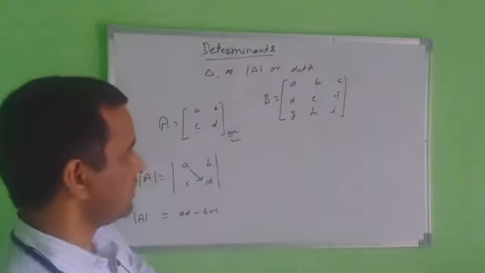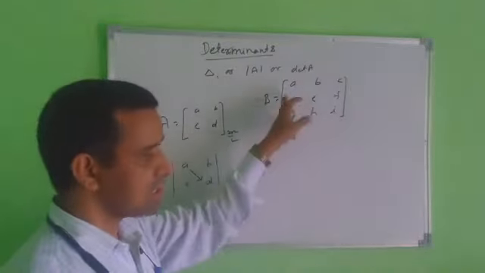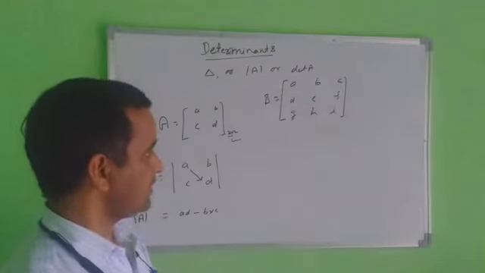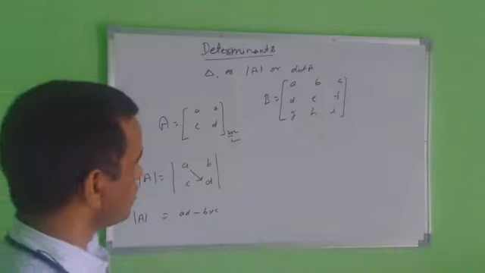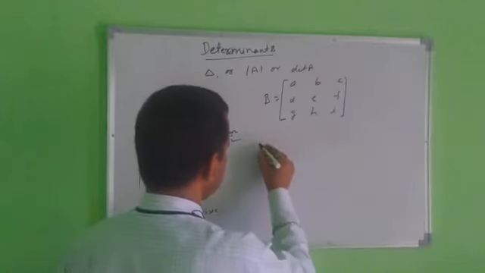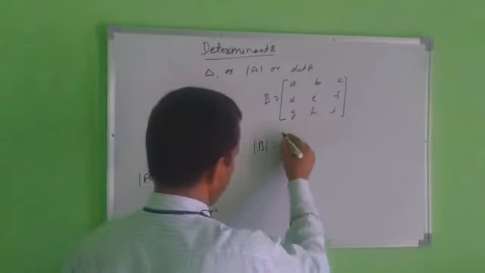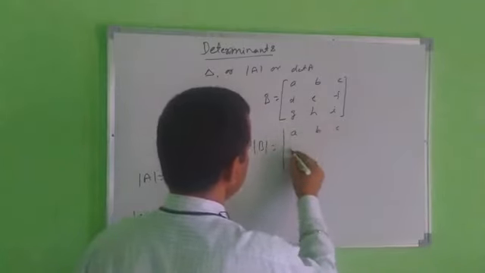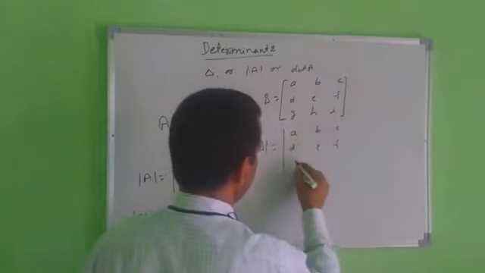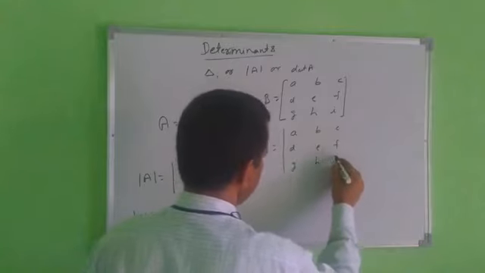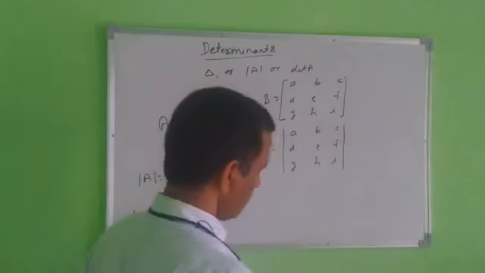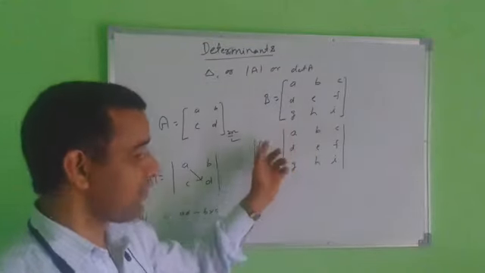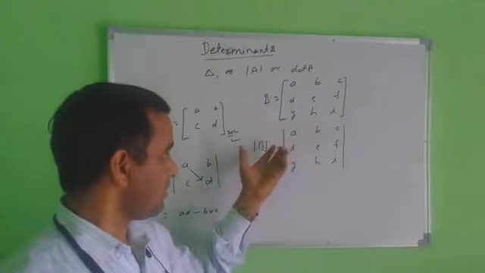This matrix is given in 3 into 3 order, so this is a square matrix. So how do we find the determinant value of this matrix? First of all you convert this matrix into determinant form: A, B, C, D, E, F and G, H, I. First of all, you convert in this way. After that, you can find the determinant value of this matrix.